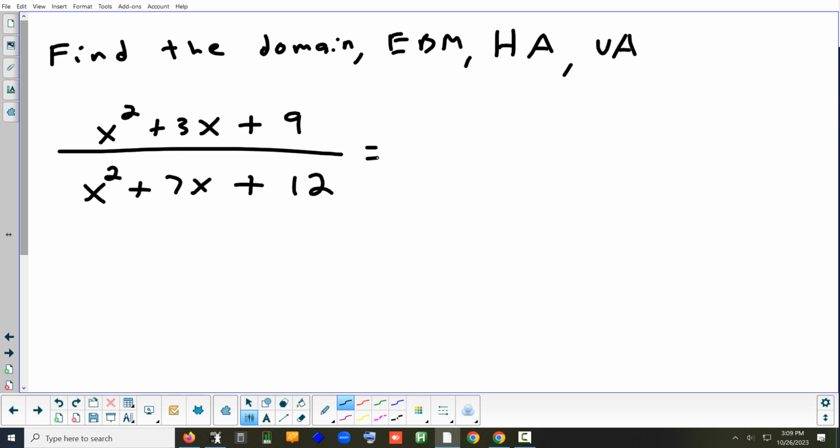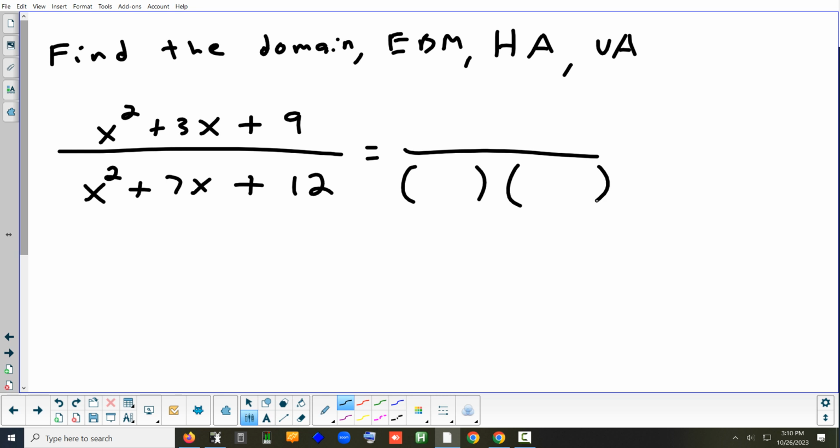Since we have a rational function, what's the only thing that you're not allowed to do when you have a fraction? Divide by 0. Right, you can't divide by 0. So the easiest way to figure out what would make the denominator 0 would be to do what with the denominator? Factor. Yeah, we'll factor it.